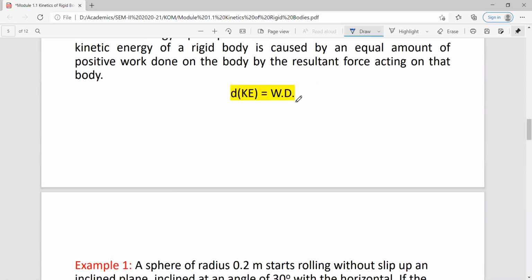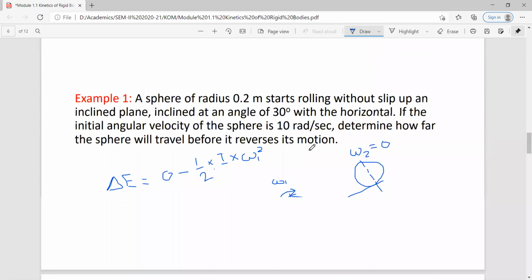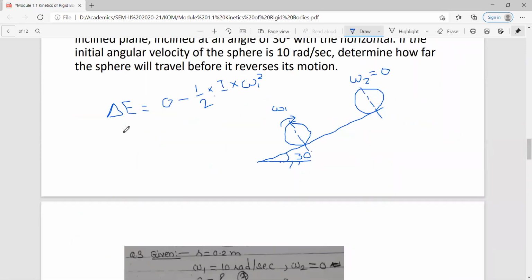Okay, so what is the formula for work done? You write WD. Work done you can write with the help of this equation, as it has moved linearly. Say the distance between these 2 points, initial position and final position, is s, or you can denote it by x, whatever.